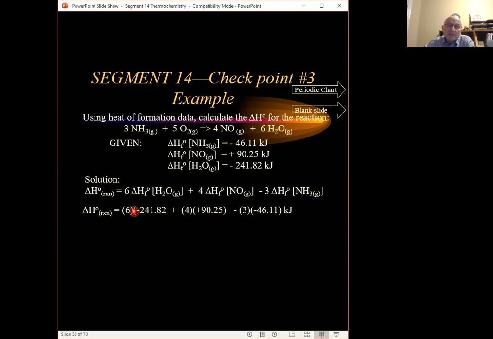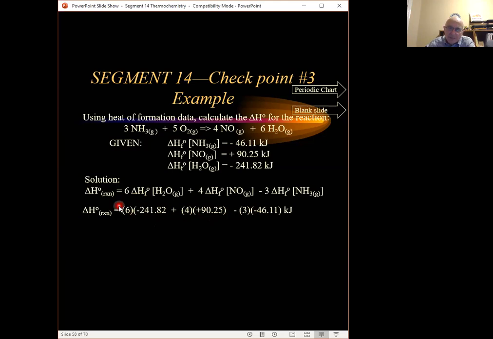What I'm going to do looking at this is I'm going to say, okay, this first term is negative. Plus 6 times minus this gives me a negative number here. This second number, plus times a plus, gives me a positive number. So the first number is negative, the second number is positive. This number is minus 3 times minus 46, minus times minus is plus. So the second and third are both positive.